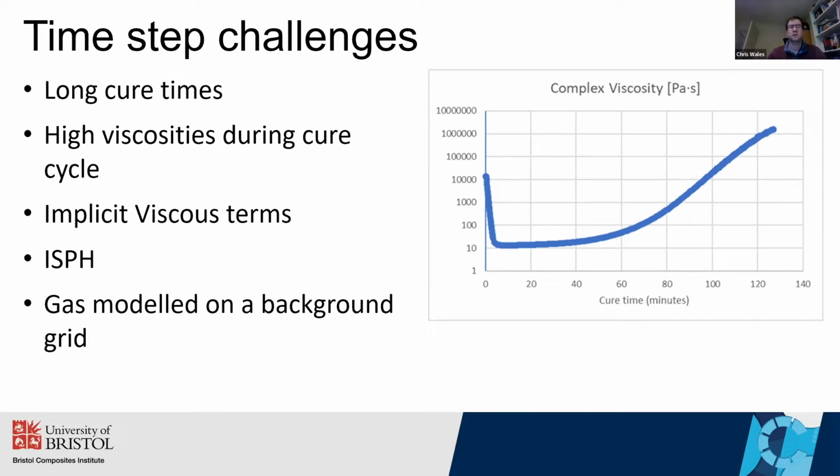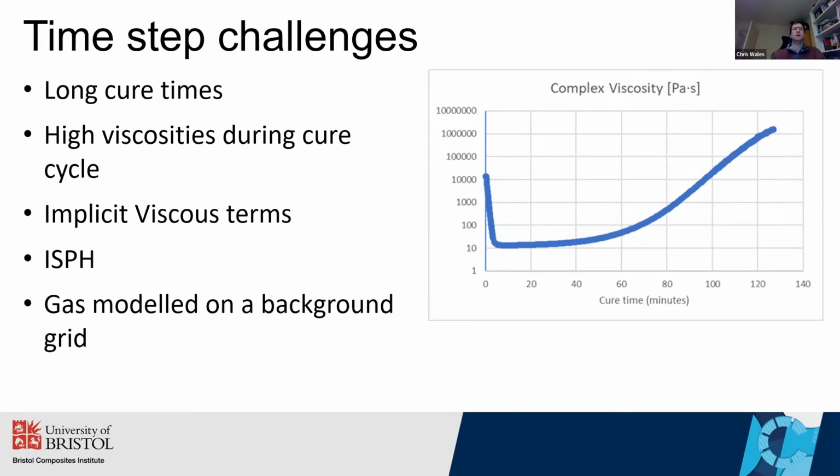As I said, it's going to occur over several minutes, and we've got relatively high viscosities. So this is a problem for standard explicit SPH. What we've done is treat the viscous terms implicitly.